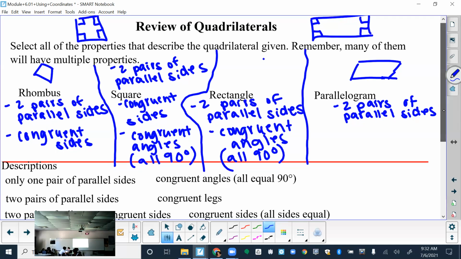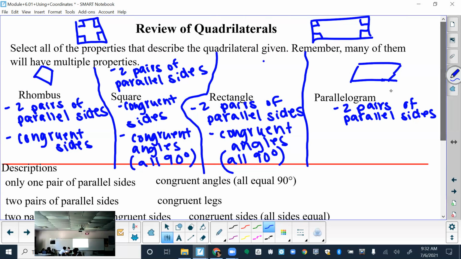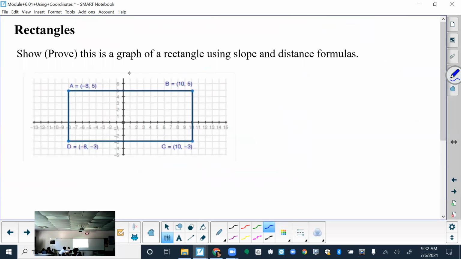All right, so going to the next example. Prove that this graph is of a rectangle using slope and distance formulas. So kind of tedious problems, but you should know how to do it using the slope and distance formulas.